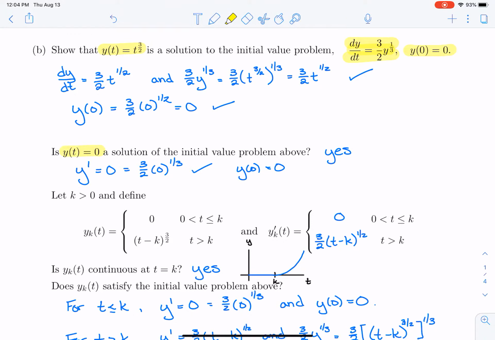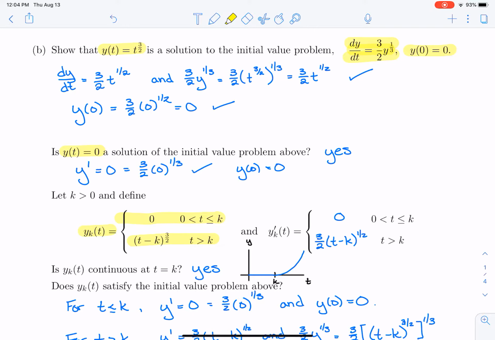In fact, I defined a whole family of solutions to that problem. So even though there was only one initial condition for this problem, I was able to find infinitely many solutions that corresponded to that one initial condition.